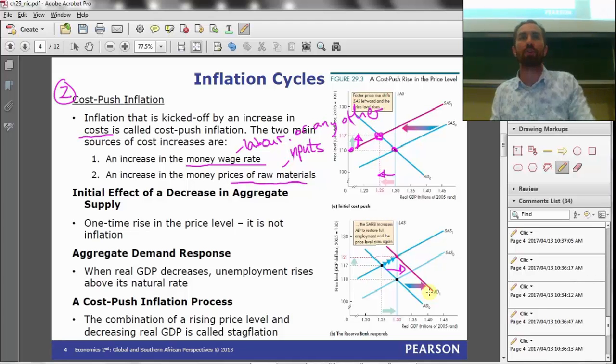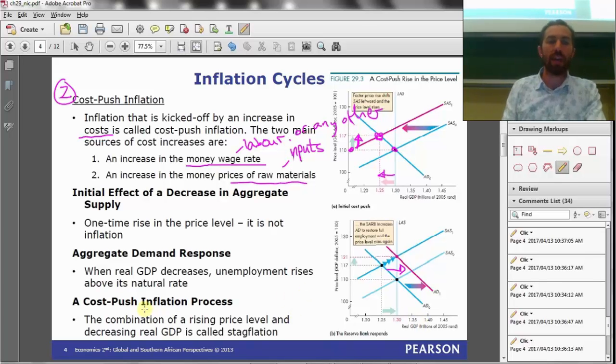Consistent inflation with output falling and then increasing, and falling and increasing. So we don't end up with any growth, but we end up with inflation and cyclical output. Except our cyclical output in this instance is always below our full employment. So we're always in a kind of depressed economic situation.